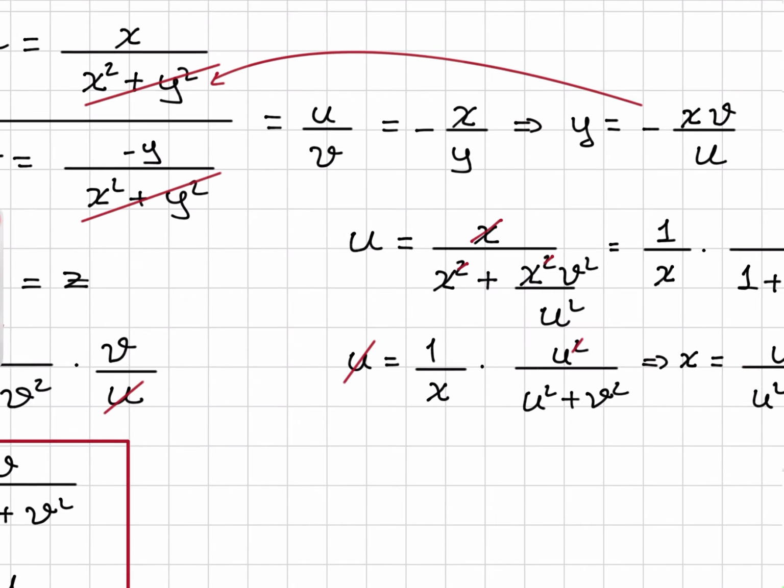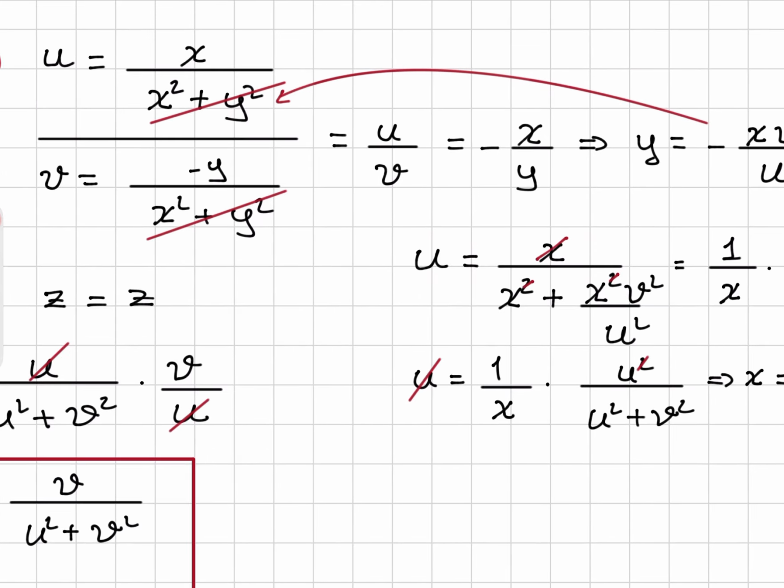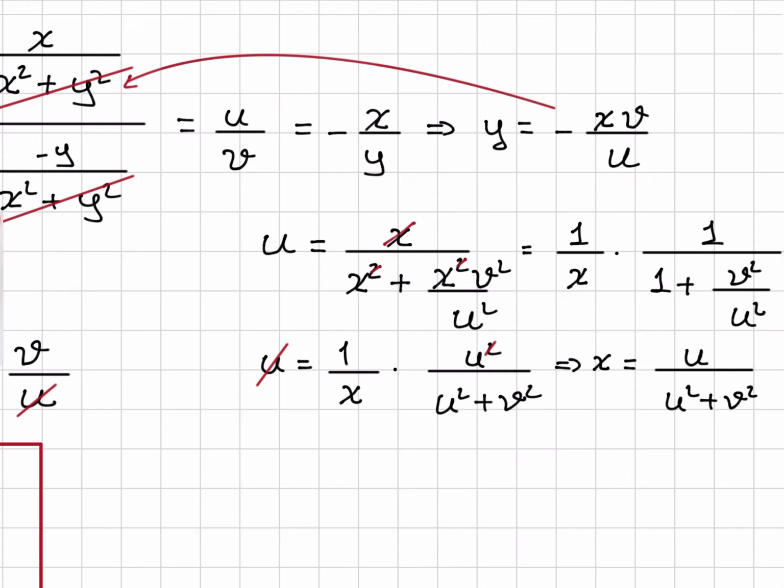And now I also have y is equal to minus xv over u, so I can substitute this for x. So that's what I have done next. Basically, I have substituted this for x here. This allowed me to rewrite y in terms of u and v.